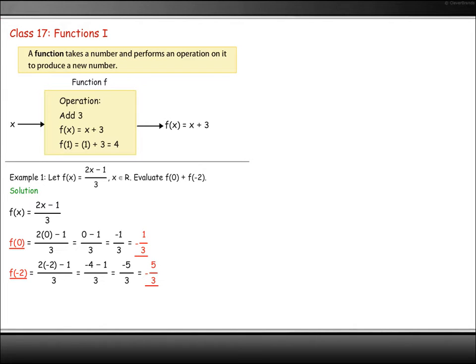Add f of 0 and f of minus 2. The answer is minus 2.